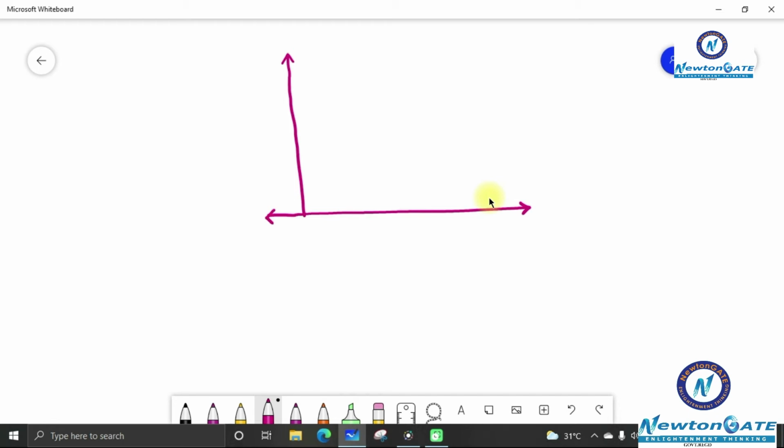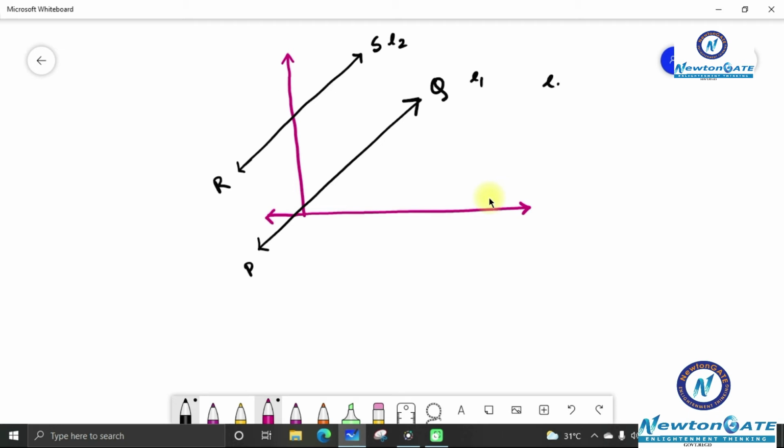In the previous case, I was taking just a single line and that line was parallel to the x-axis. But over here, we will be taking two lines, let's say PQ, and another line, let's say RS. Now over here, line 1 and line 2 are parallel to each other.